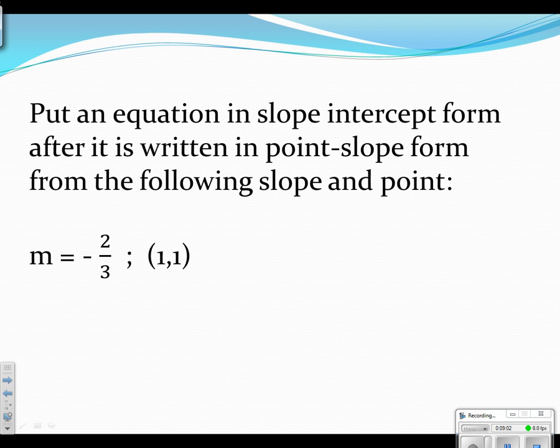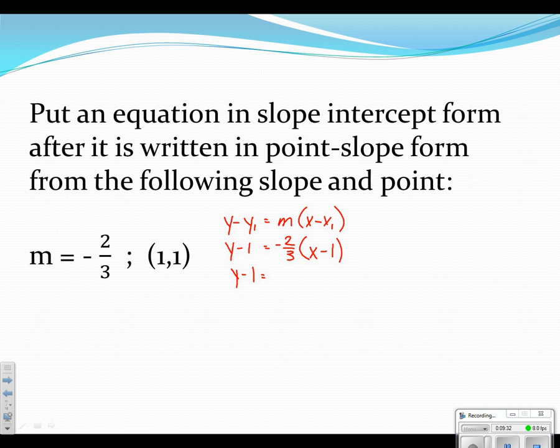Now, in this example, we're going to show how easy it is to go from point-slope form and get it into slope-intercept form. So if we were going to do point-slope on this setup, plug in your information. y minus 1, slope of negative 2/3, x minus 1.